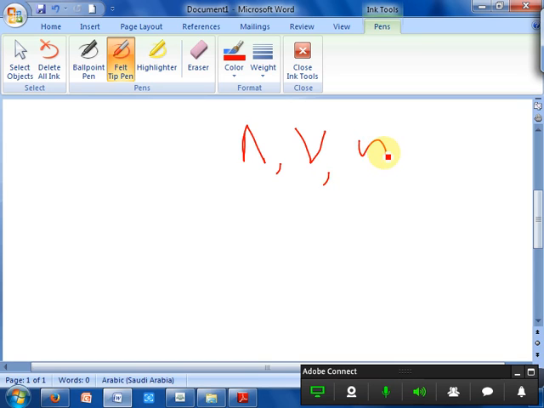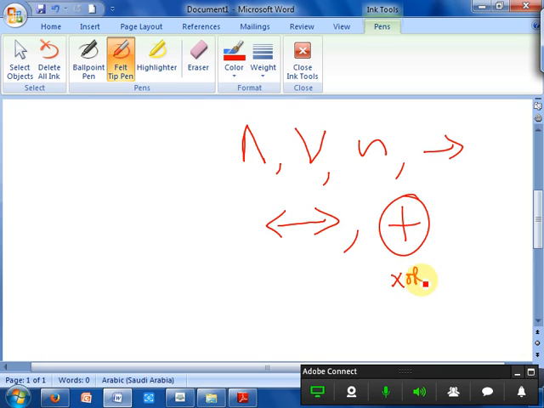Not, then. This is called if then, also implies. This is if and only if, or double implication. This is XOR. So you have to remember these tables.